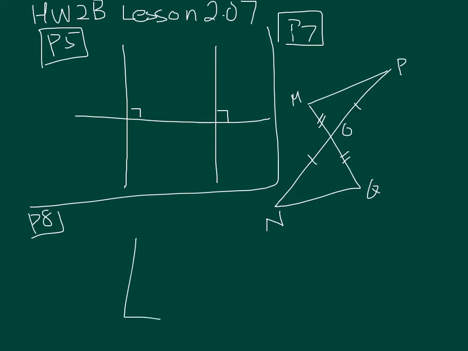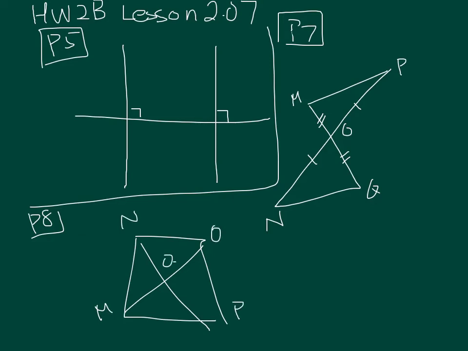Problem 8, we have something like this, M, N, O, P, Q. The diagonals of quadrilateral MPQN intersect at point O. MO equals NO. MO equals PO.